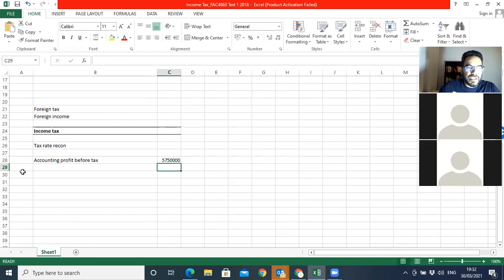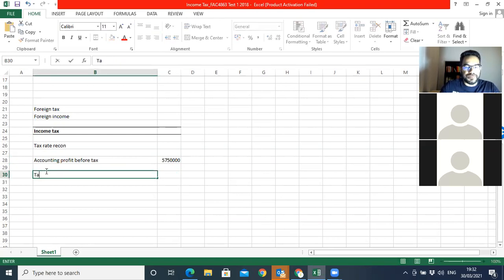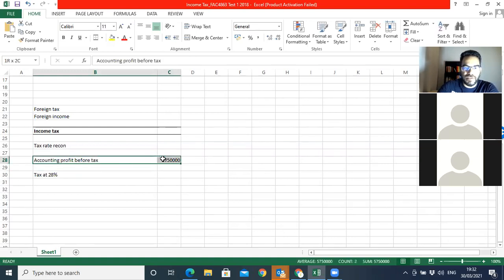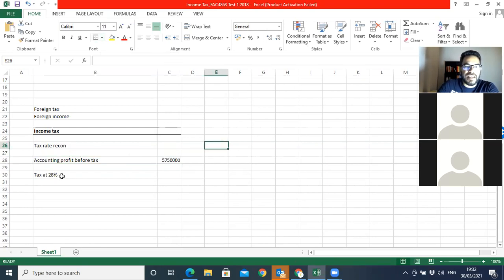Then you need to get the tax on that, tax at 28%. If you read paragraph 81C1 carefully, they tell us what the accounting profit is, and then what the tax on this is. Take the normal tax rate, whatever it is, for our case 28%, and multiply it by the accounting profit before tax.